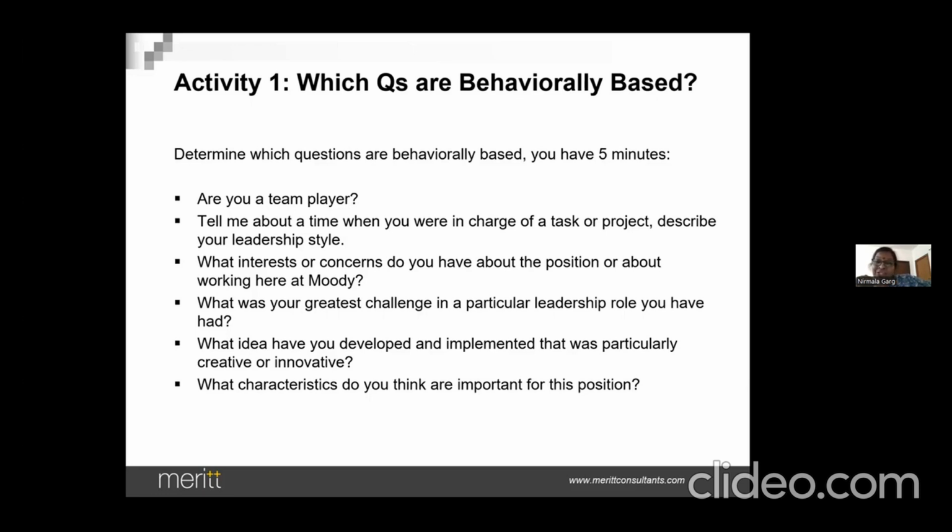What was your greatest challenge in a particular leadership role you have had? Obviously, you can say some behavior must have come out. What idea have you developed and implemented that was particularly creative or innovative? Typically, it is not a behaviorally based question. What characteristics do you think are important for this position? Is it a behaviorally based question? It's just a knowledge question. It is not a behavior question.